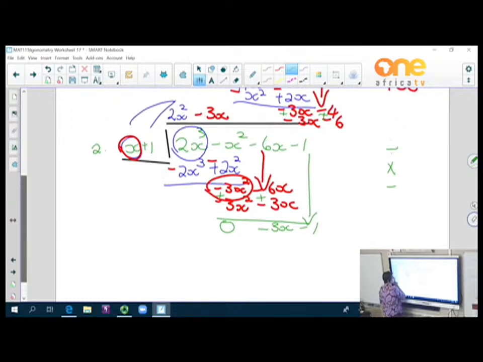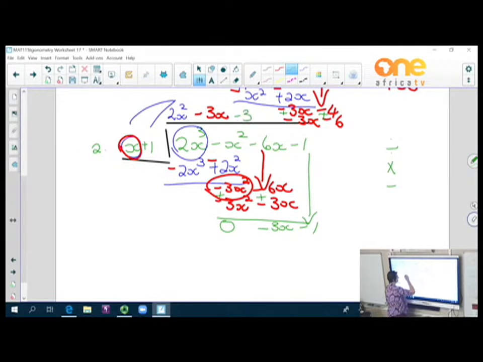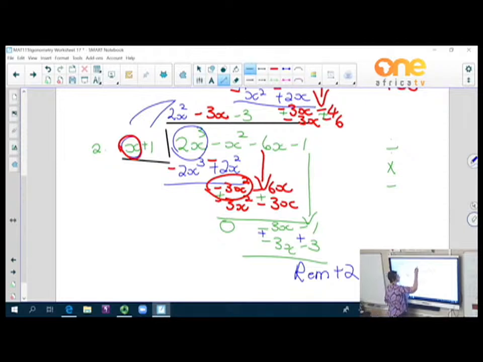So now again, how many times will x divide into this one? Negative 3 times. Multiply. Then you have negative 3x minus 3. Change the second signs to add. Negative 1 plus 3 is then remainder positive 2. It's nice if you write the remainder at the top, but we can also write it here at the bottom. Just have that sum on its own there.